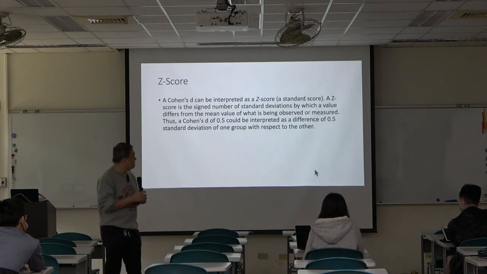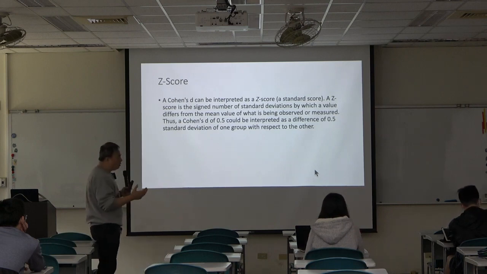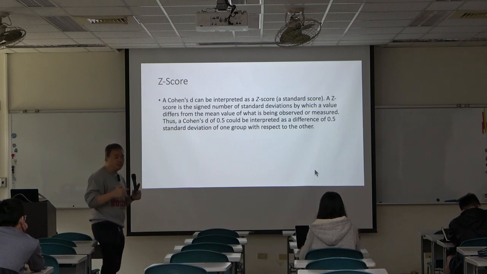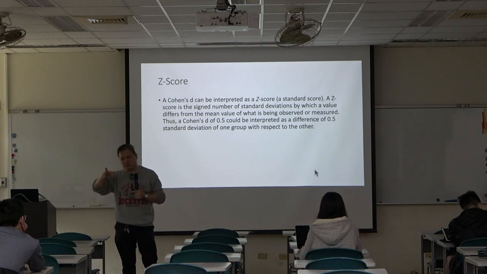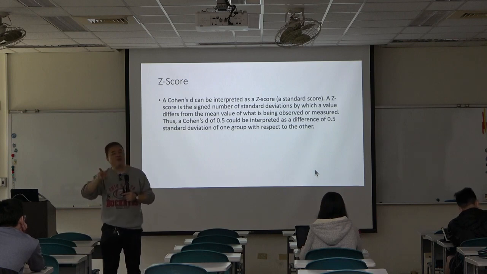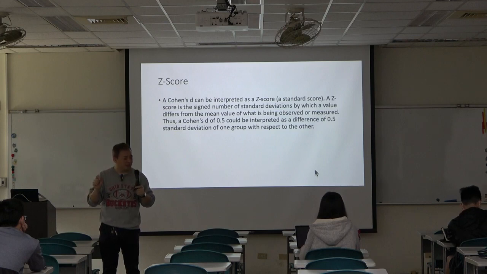A z-score is when you see the difference of two values, but you measure it by the number of standard deviations. For example, in one distribution you get two values. How far apart do you consider these two values?